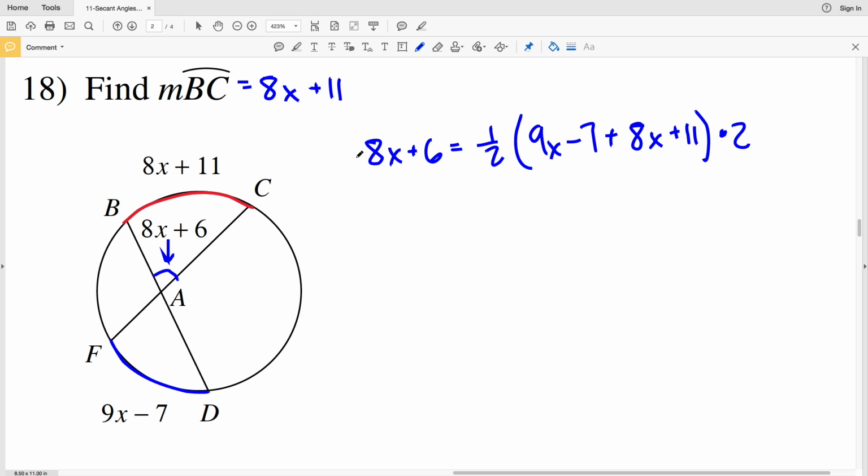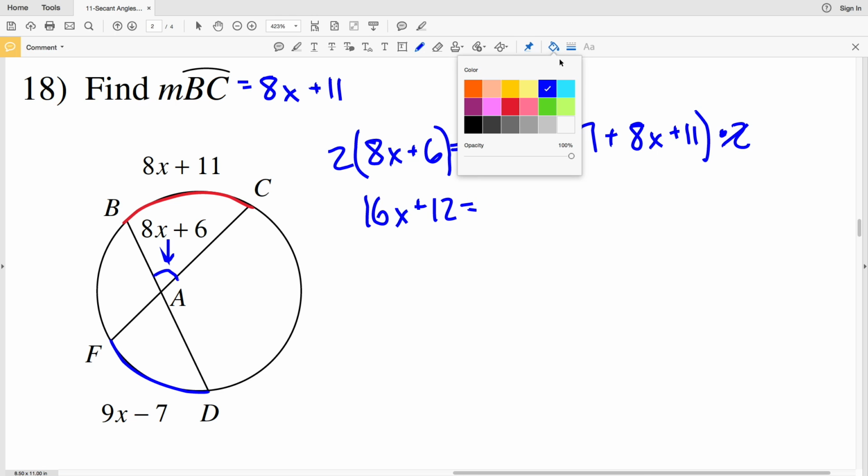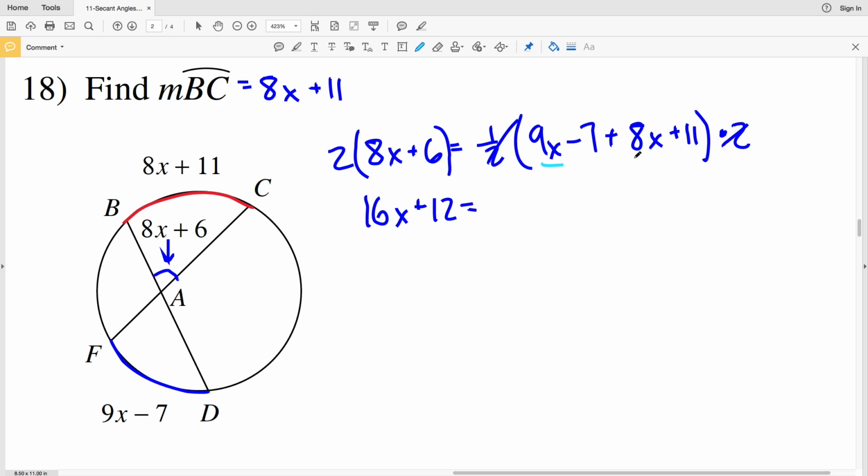I'll start by multiplying both sides by 2. 2 times 8x is 16x plus 2 times 6, which is 12. That's going to be equal to, now I'll combine my like terms, 9x and 8x, and negative 7 and 11. So 9x plus 8x is 17x, and negative 7, taking away 7 from a positive 11, will equal a positive 4.